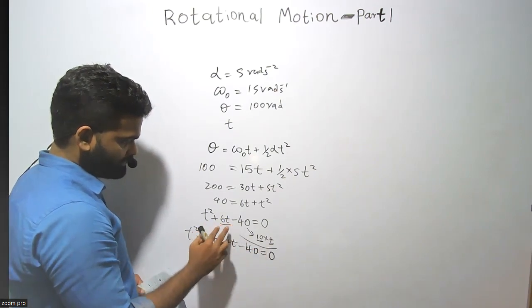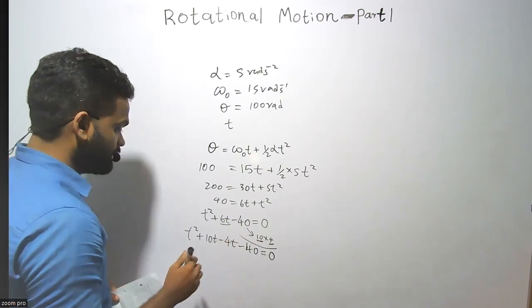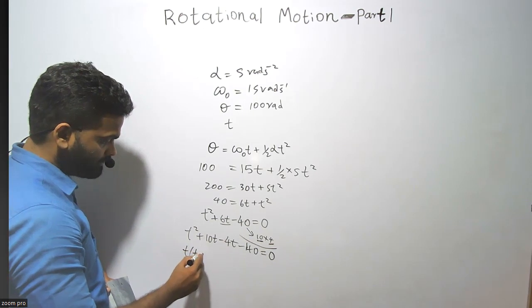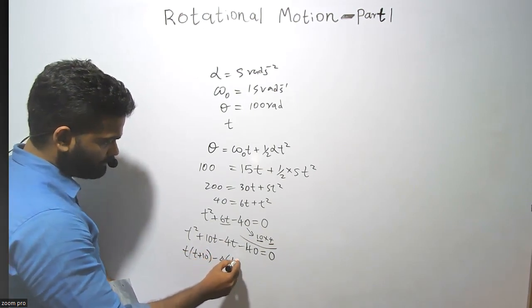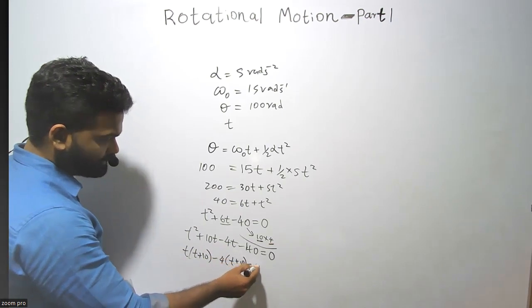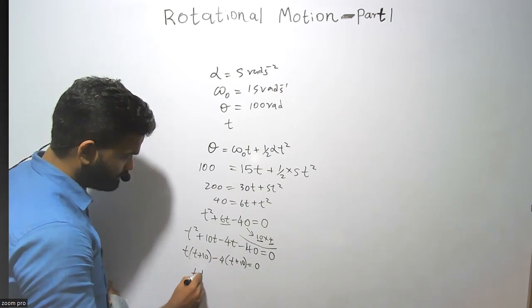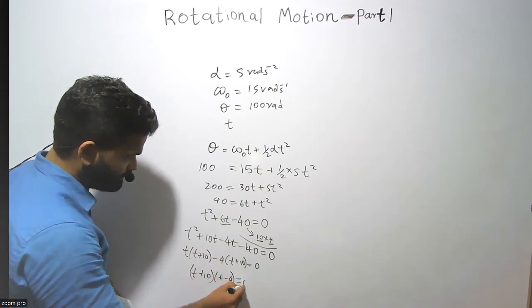So instead of 6t, I just put 10t minus 4t, right? Then take t out, t plus 10. Take minus 4 out, t plus 10 equals 0. Then take t plus 10 out, you get t minus 4 equals 0.